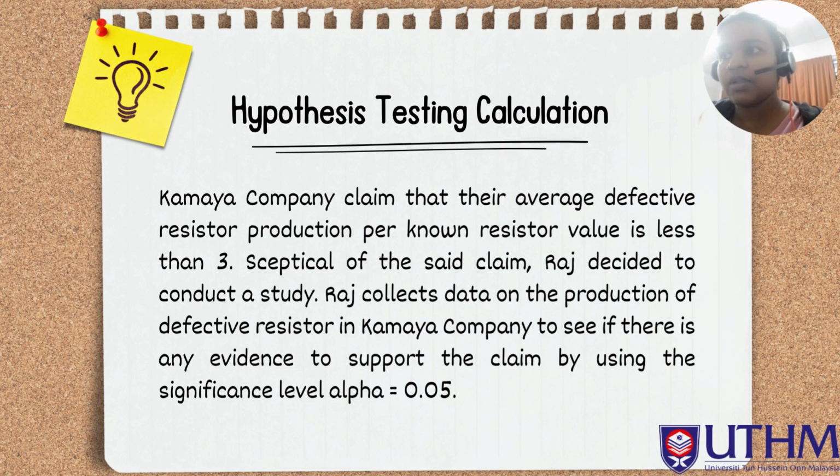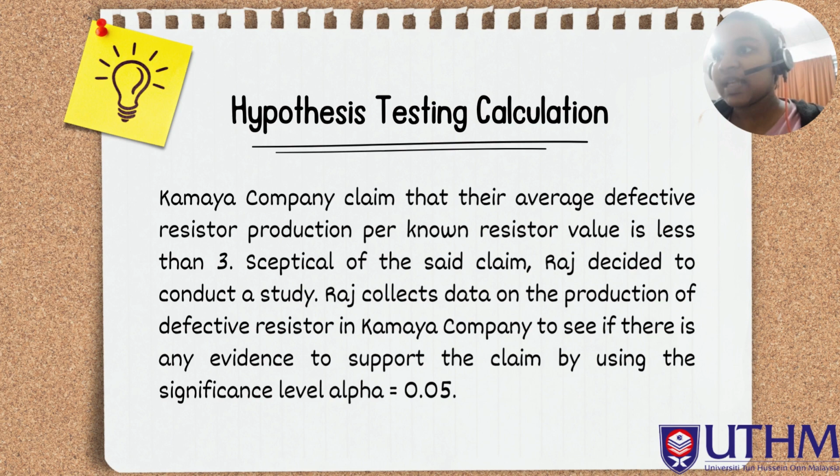Now talking about the hypothesis testing calculation. The question that we settled on was: Kamaya company claims that their average number of defective resistors is less than 3. Let's just say Raj feels like this is wrong and he wants to investigate.